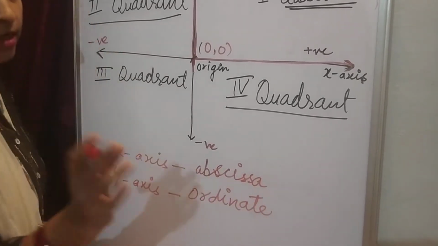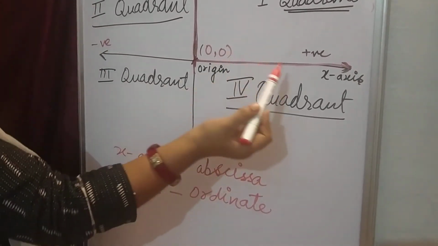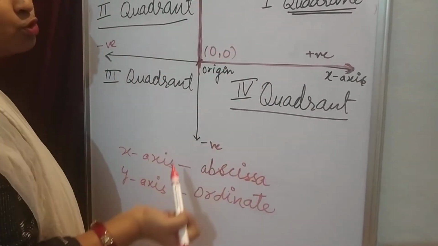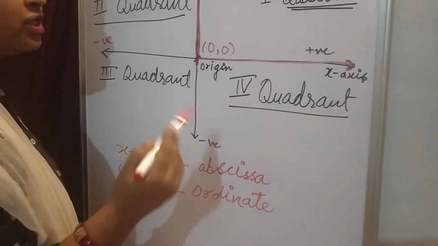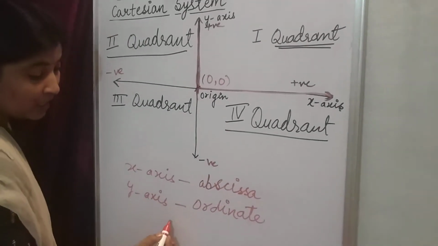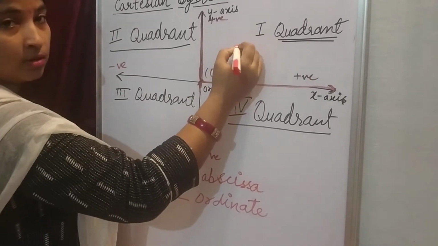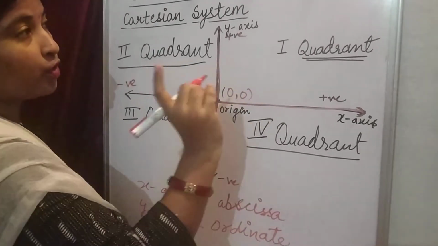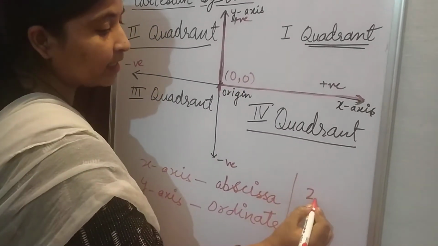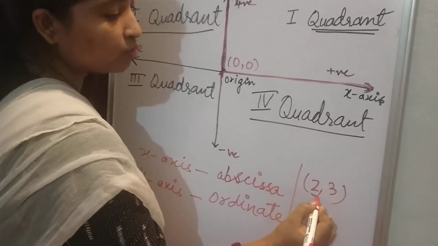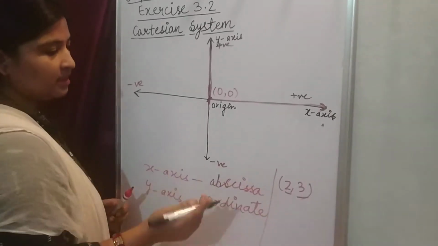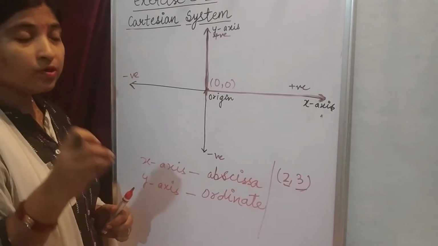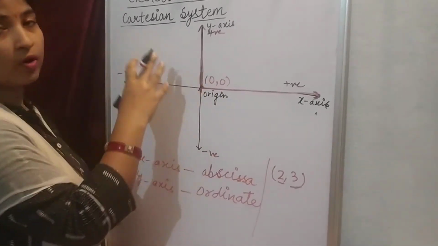Here one more thing you have to keep in mind. If the x-axis is abscissa and the y-axis is ordinate, so many a times in the question they are representing points, like 2, 3. I have to represent the point 2, 3 on this axis. Now I will tell you how to represent the points on this Cartesian system.